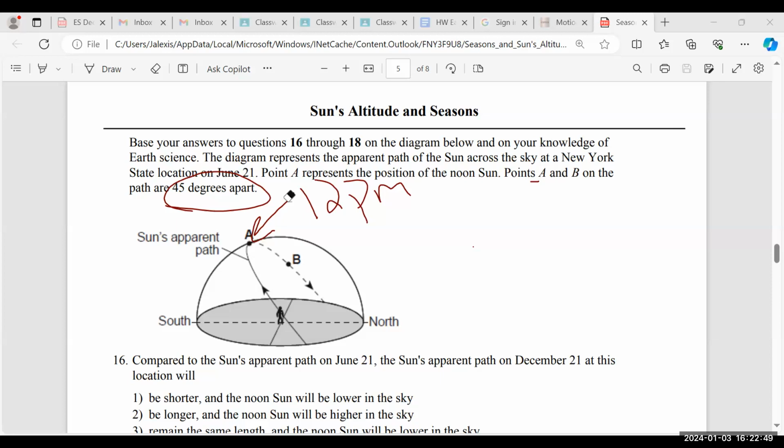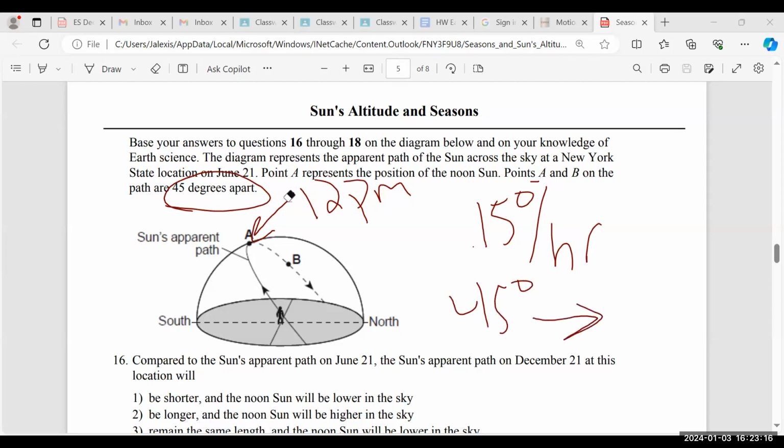The question becomes, what is the rate that the sun appears to travel as it moves across the sky? Because the Earth rotates at 15 degrees per hour, the sun also appears to move at 15 degrees per hour as well. So we have to ask ourselves, how many hours have passed in 45 degrees?